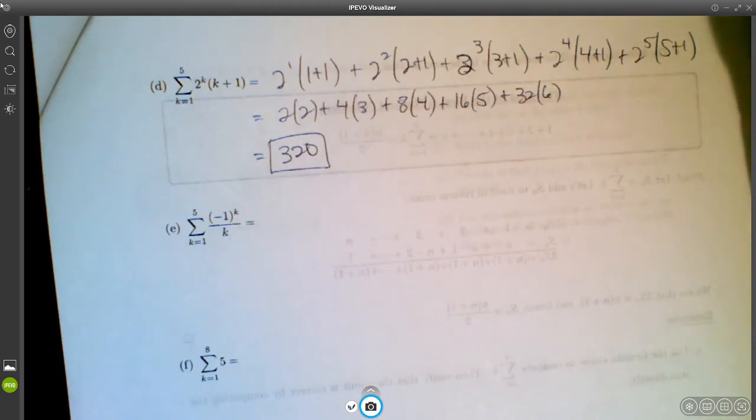Let's do part E. So again, go ahead and give the video a pause and see if you can do this one on your own. This is kind of an interesting one.